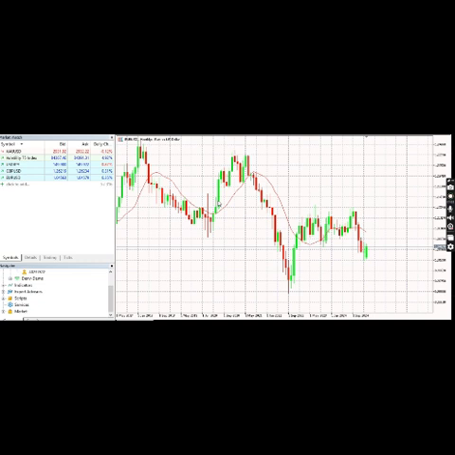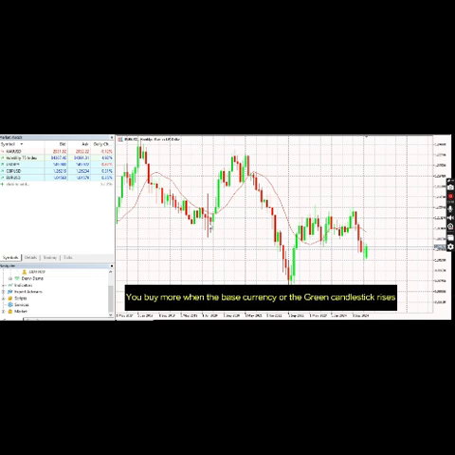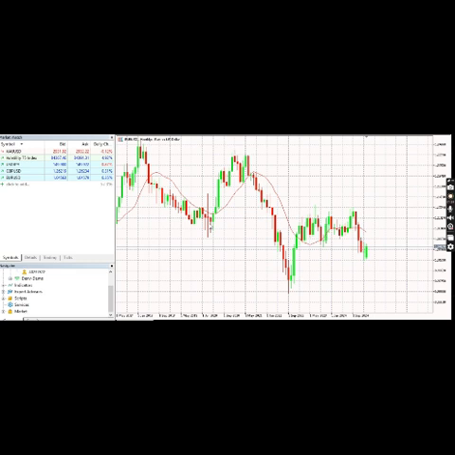If the green candlestick moves up as we see, it means the base currency has appreciated. Therefore, if the base currency has appreciated, we can say Samson can buy more of the USD. So green represents buy. Whenever you see green, it represents buy.